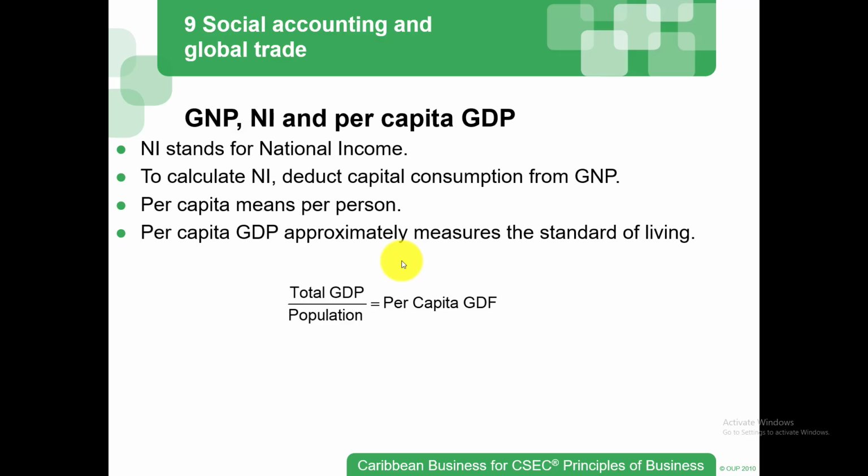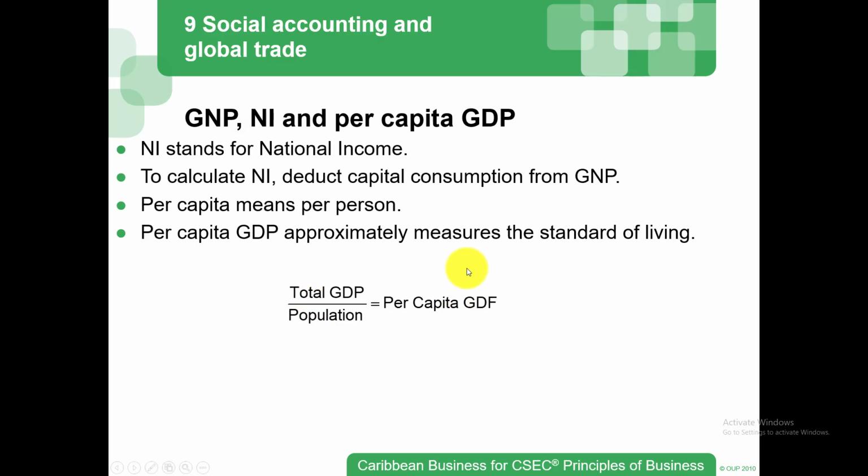For example, whatever the GDP of Jamaica is, that's going to be divided by the almost 3 million people that live in Jamaica, the 2.7, 2.8 million, and you get the gross domestic product per capita. So anything per capita means divided by the population. If you hear murders per capita, that's how many murders happened in a country divided by the population of that country.